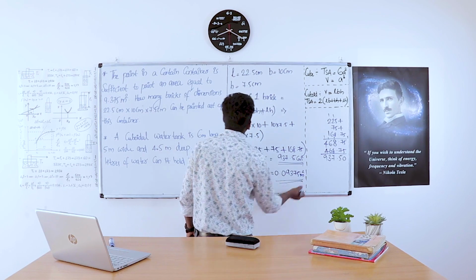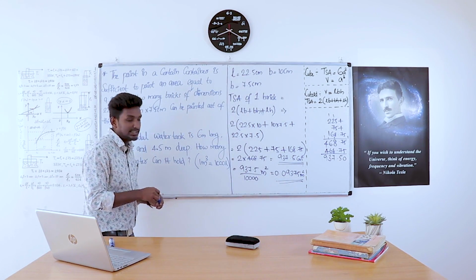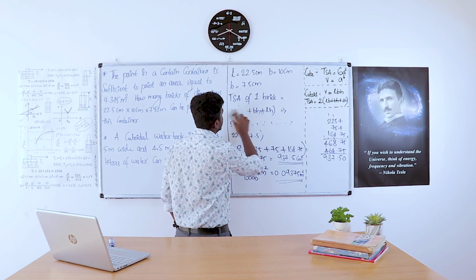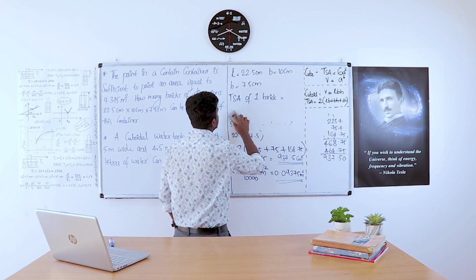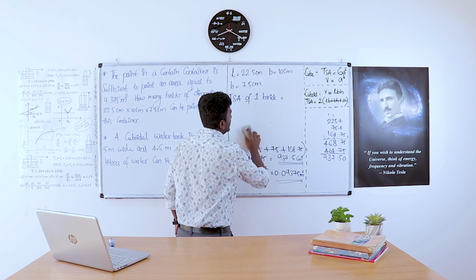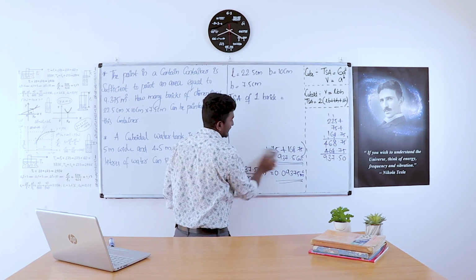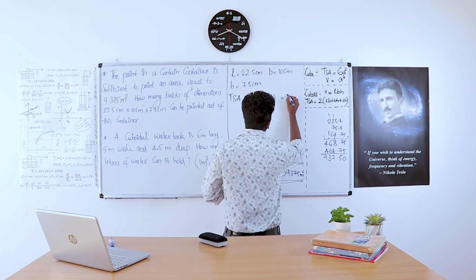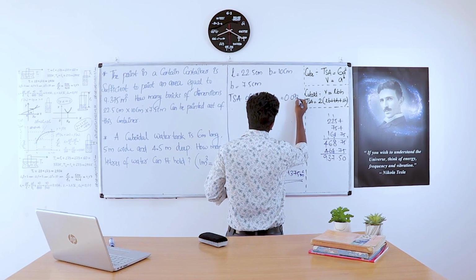This is the area of one brick. Now I am going to rub this and just write the area of one brick. So the steps I am rubbing and writing directly the area. Area of one brick is 0.09375 meter square.